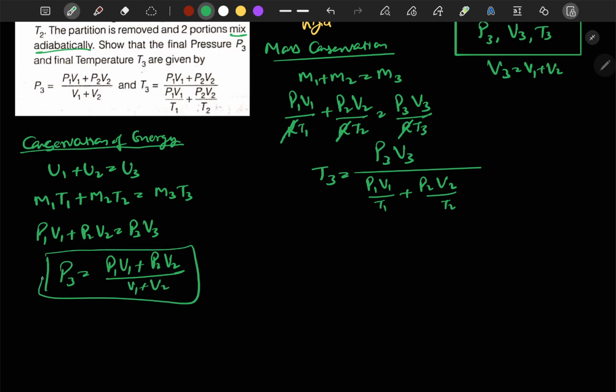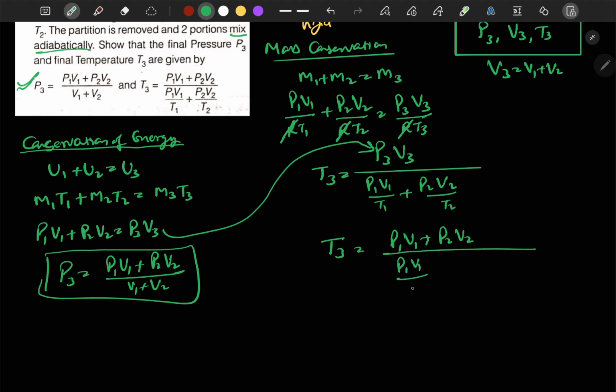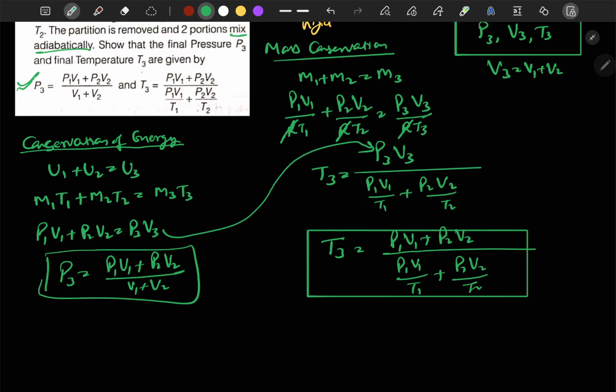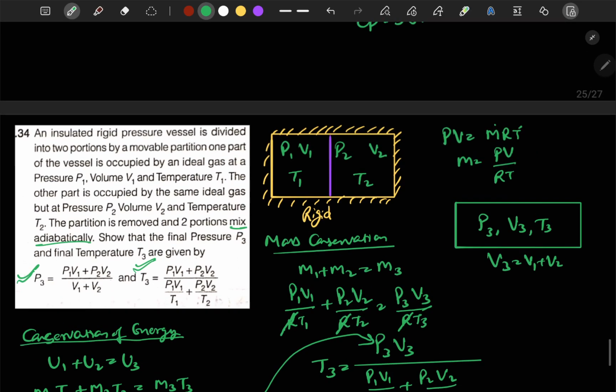Using this we can calculate T3: T3 is equal to P1V1 plus P2V2 upon P1V1 by T1 plus P2V2 by T2. So we have calculated both these equations, and we are done with question number 34.